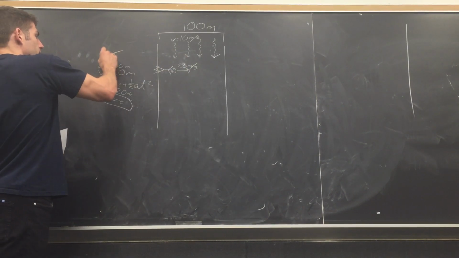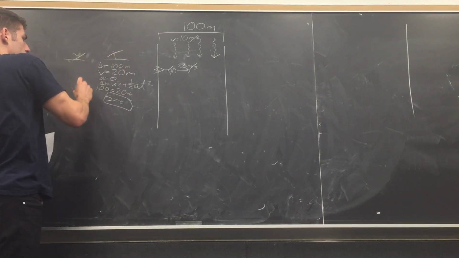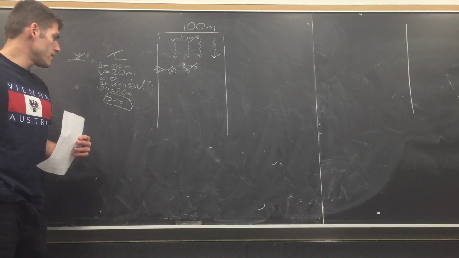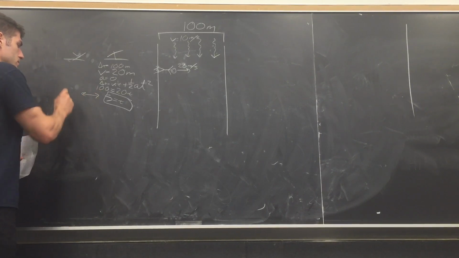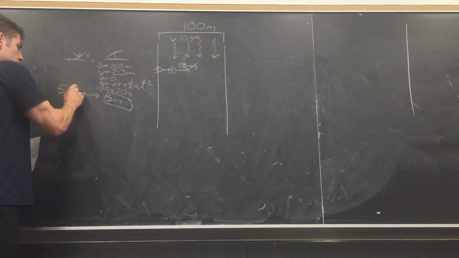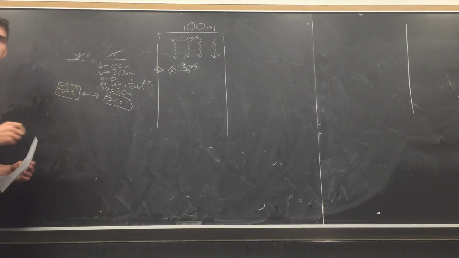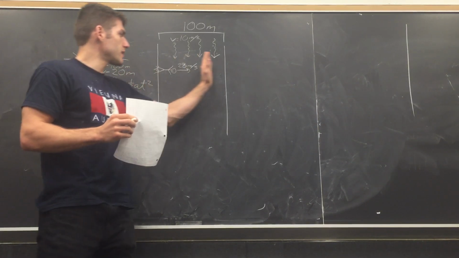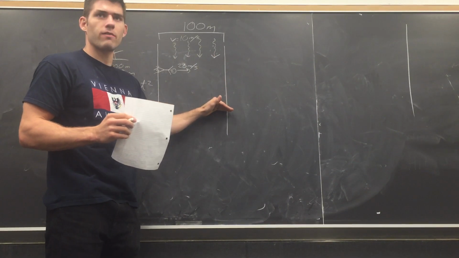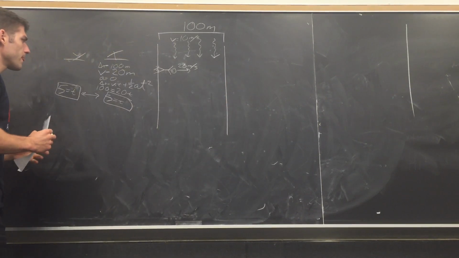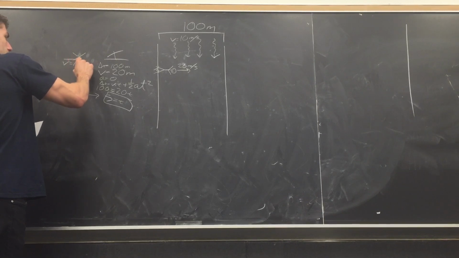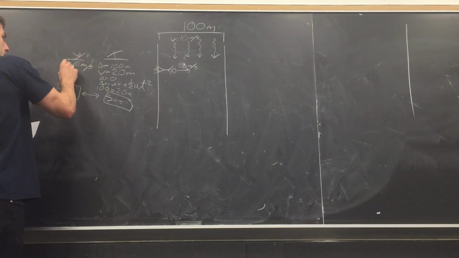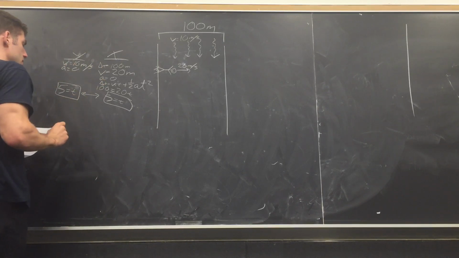And I've said it a couple different times before to those of you who I see regularly. The time is the same for the x and the y. So it's also 5 seconds in the y direction then. If it takes me 5 seconds to get across, I'm falling for however long 5 seconds is. And I know that the velocity going downwards is 10 meters per second, and the acceleration is 0, so this is just constant velocity.